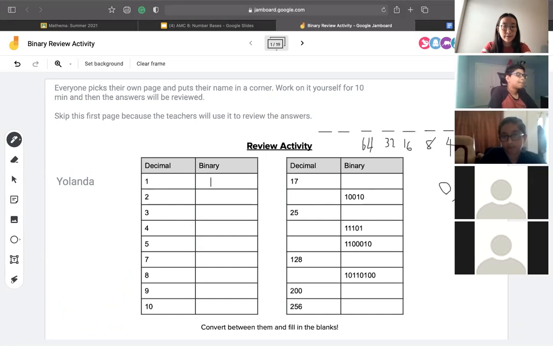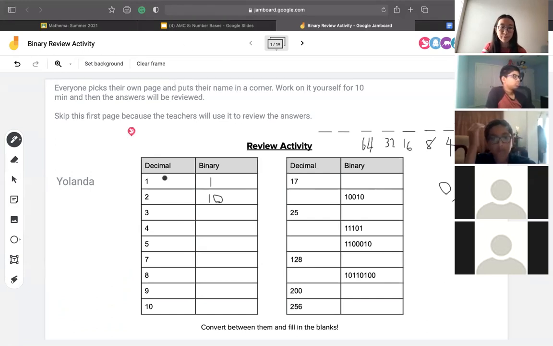So if you put a 1 in the 2's place, that gets you 2, and if you put a 0 in the 1's place, that gets you 0. So 2 plus 0 equals 2, and the binary form would be 1, 0. Binary is only zeros and ones.